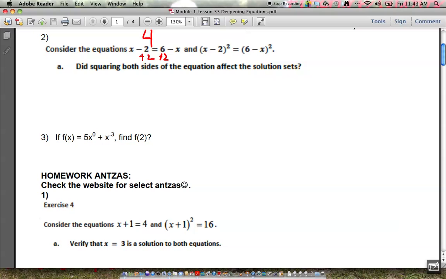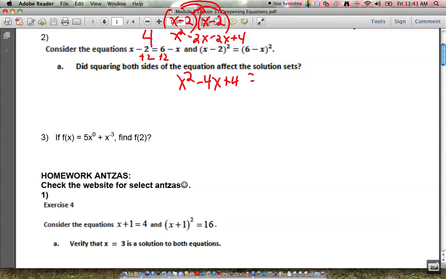Isn't that what it means to square? So you go off on the side here and double distribute. If you prefer the box method, you can do that. I distribute the x to both of them. That's x squared minus 2x. Now I distribute the negative 2 to both of them, and I get negative 2x plus 4. So altogether, I get x squared minus 4x plus 4.